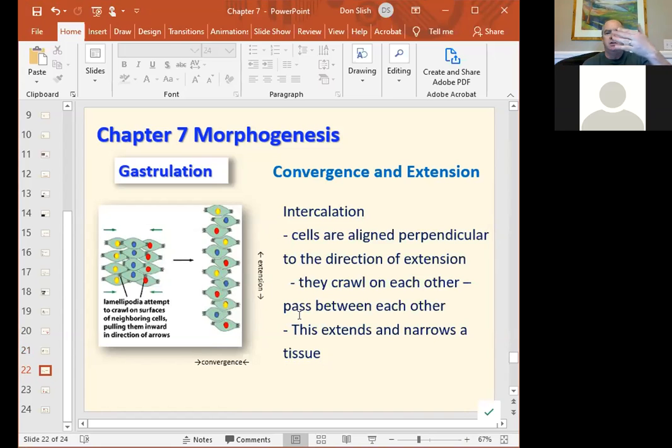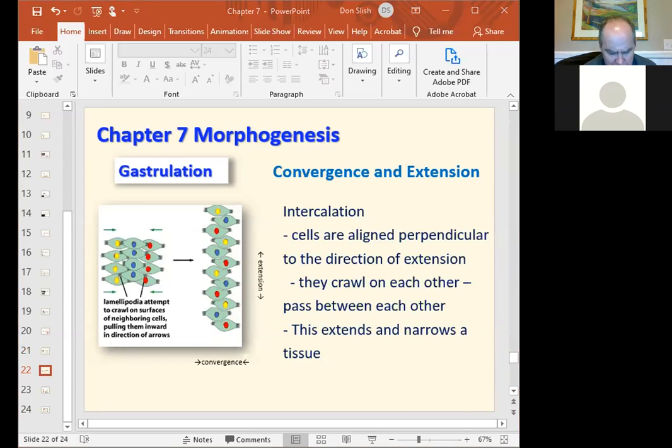They go across amongst each other, and that extends and narrows the tissue. The other is mesenchymal crawling, where the cells move towards one area, and that's convergence, and they extend when they get there.